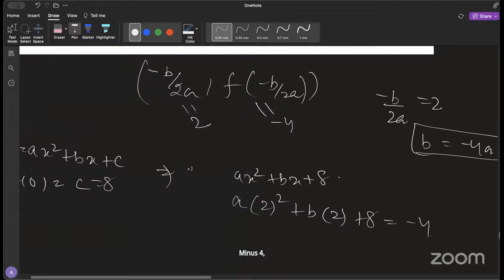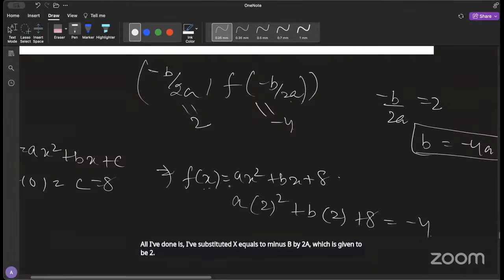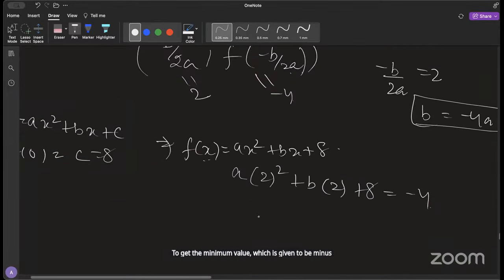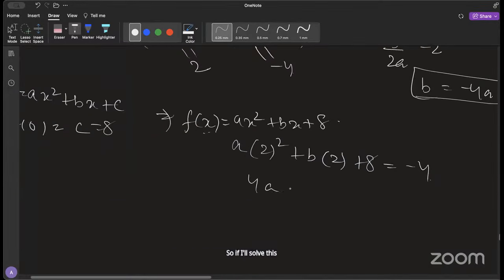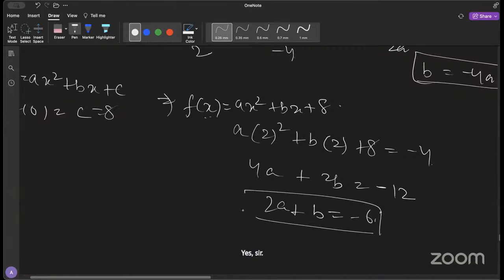All I've done is substitute x equals minus b by 2a, which is given to be 2, to get the minimum value, which is given to be minus 4. If I solve this, I'll get 4a plus 2b is equal to minus 12, or 2a plus b equals minus 6.